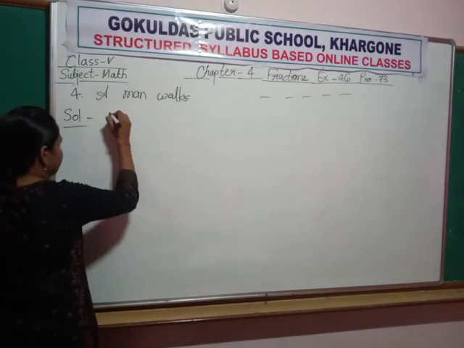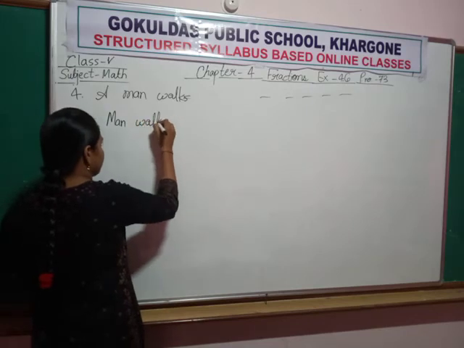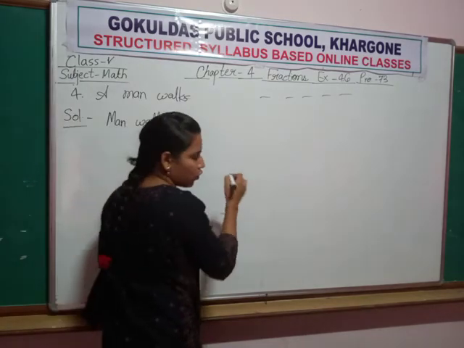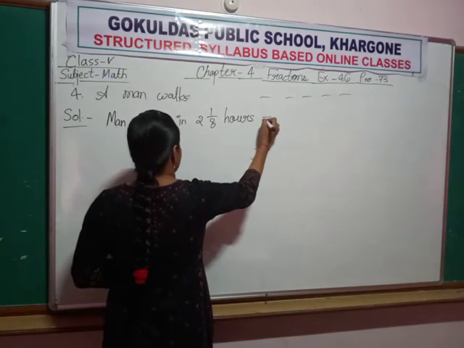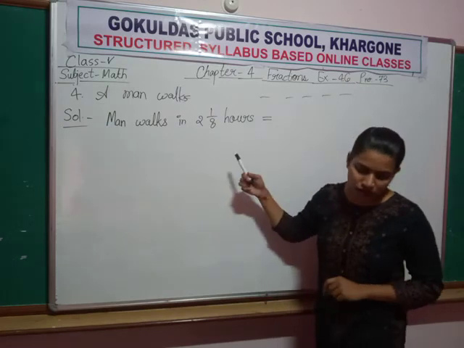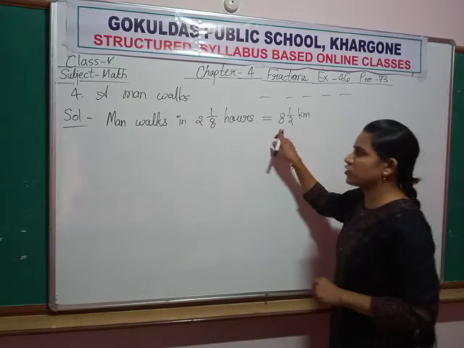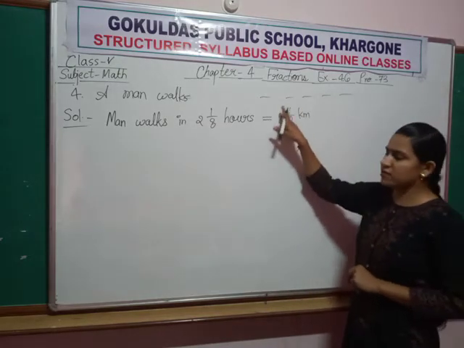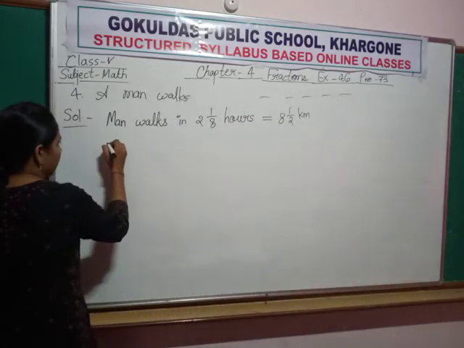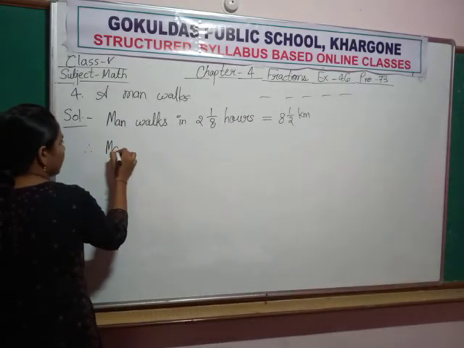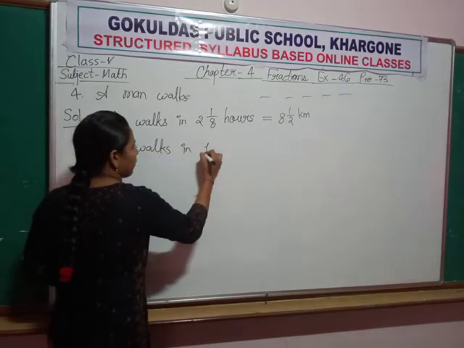Let us solve it. The man walks 8:1/2 kilometer in 2:1/8 hours. How much does he walk in 1 hour?